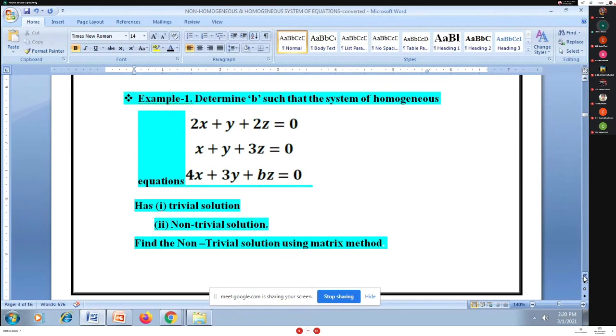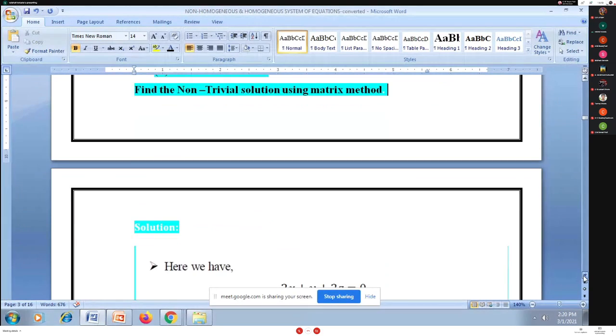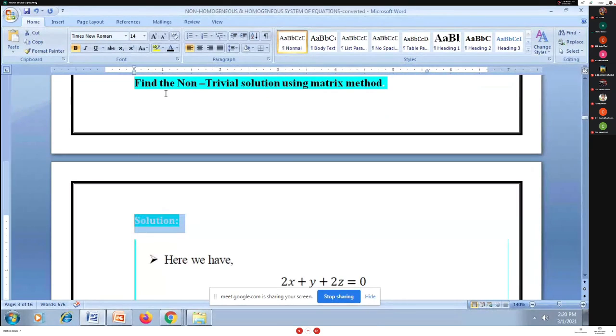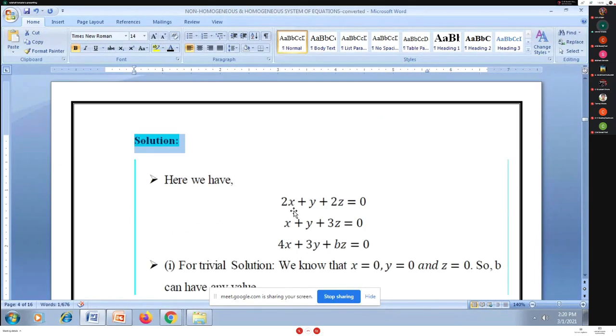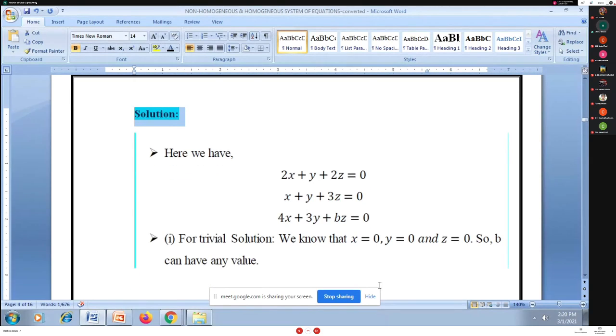So let us go first. I am having the system of equations. I'm having 3 equations in 3 unknowns, and for trivial solution, we know that we are having x equal to y equal to z equal to 0. For getting all the unknowns to be 0, I will take any value for b.